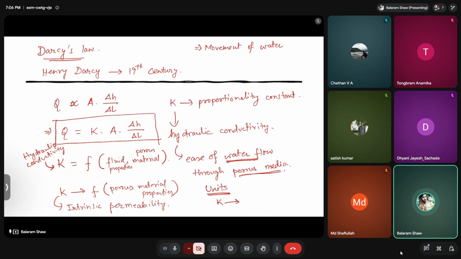What is the unit of hydraulic conductivity? Q by area. Yeah, so Q by area is what? Q is in meter cube per second, and area is in meter square. So it will be meter per second, right? So the unit for hydraulic conductivity will be meter per second.